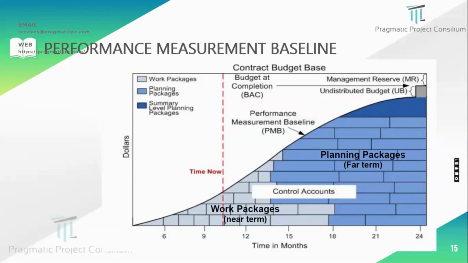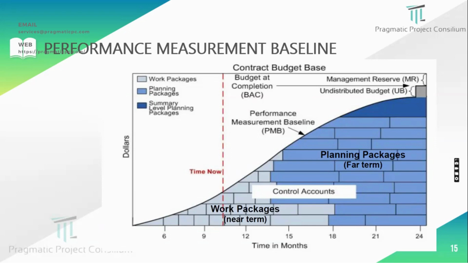So in the beginning, during the work package, the effective work package activity items are what we are going to perform in the near term, and the planning packages are for the far term. It is graphically showcased here.